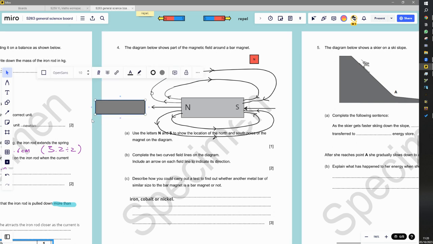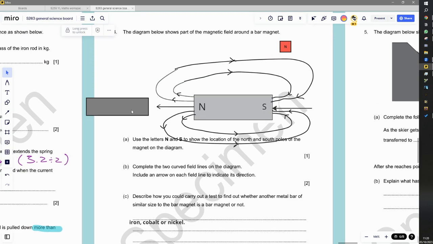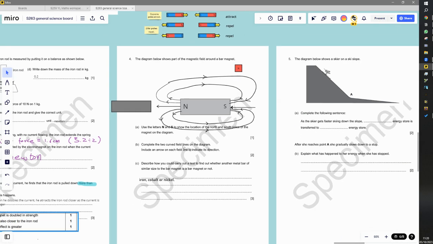But if at one of them it's repelled, then I know that this thing here is a magnet. And not only that, I'd be able to label it. So if it was repelled at this point, I know that that's a north pole and that's a south pole. And if it was attracted, well, again, I've got to make sure that it is definitely repelled at one point. So yeah, that's probably what they want you to say there.